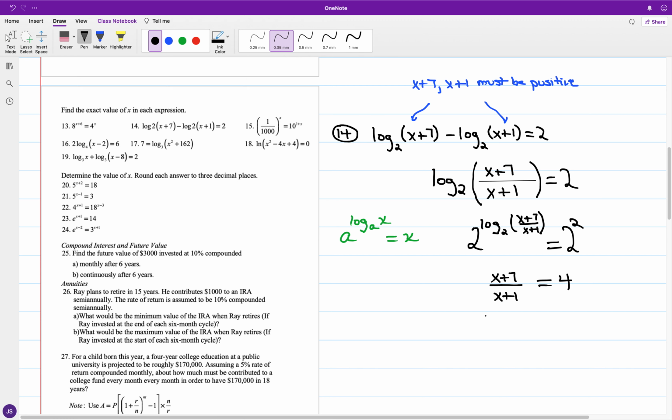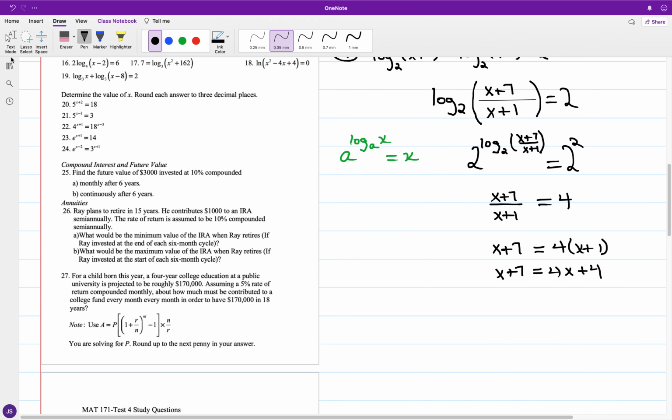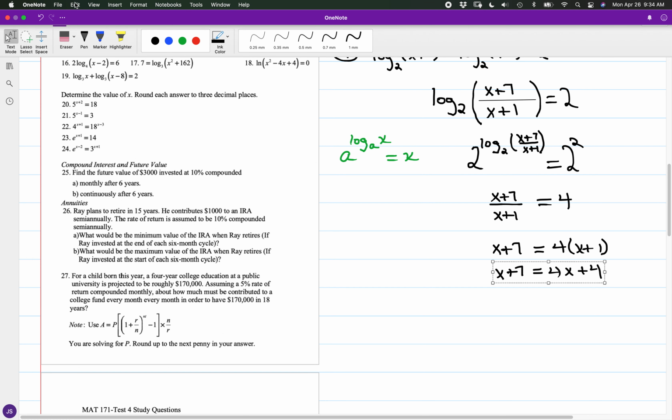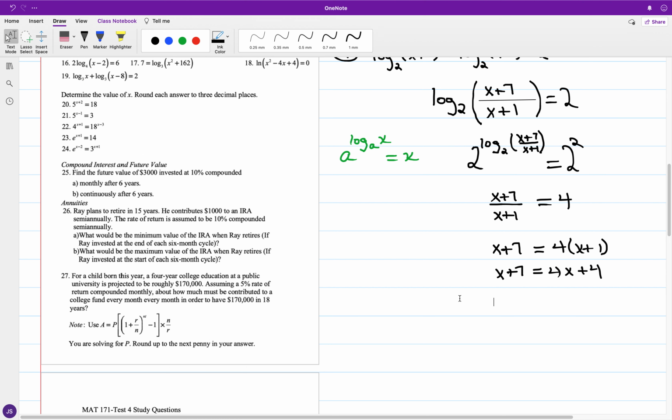Looking at setting up what we have in x, if I take care of the fraction by multiplying both sides by x plus 1, we're going to have x plus 7 is equal to 4x plus 4, after distributing 4 over the sum of x and 1. We have like terms on opposite sides of the equation, so I'm gathering the x terms and separating from the constants.